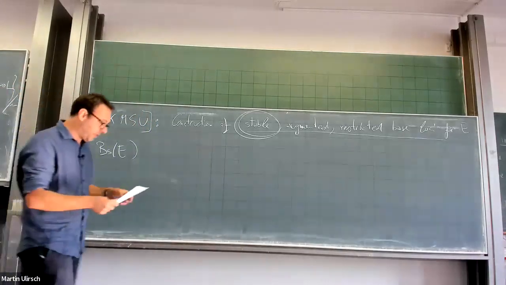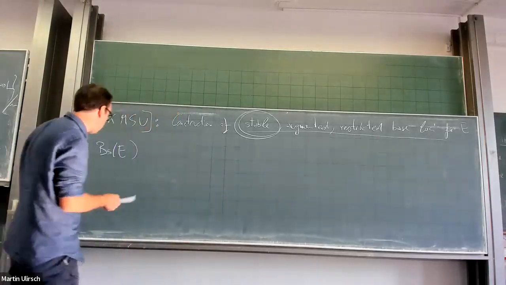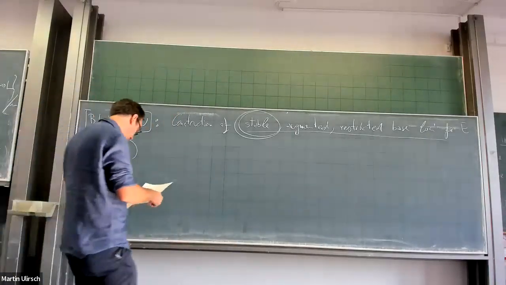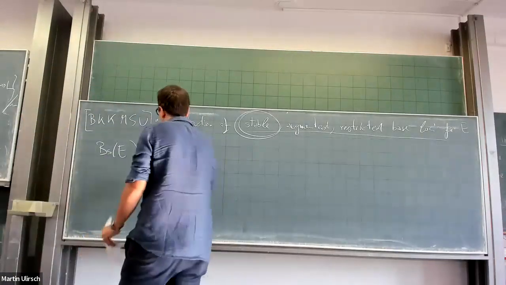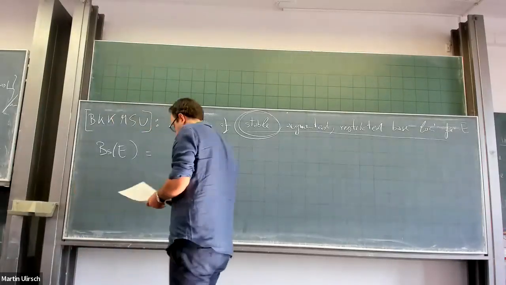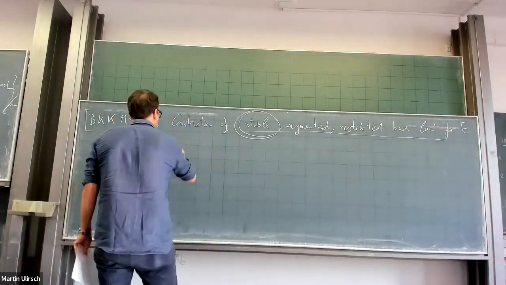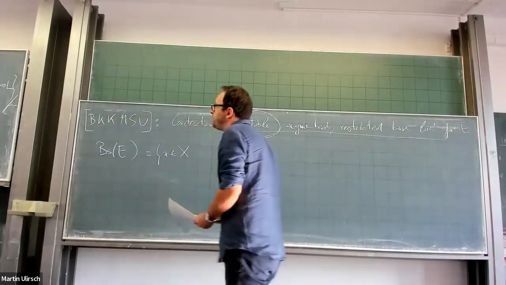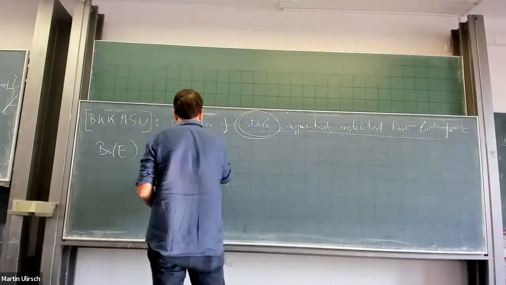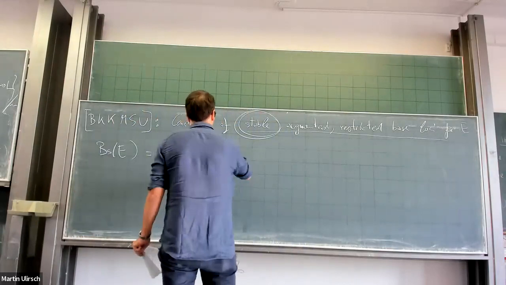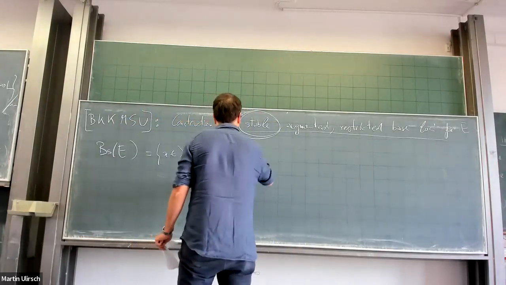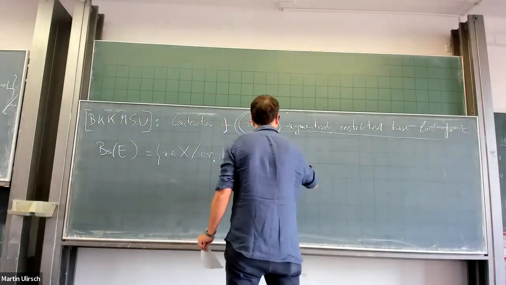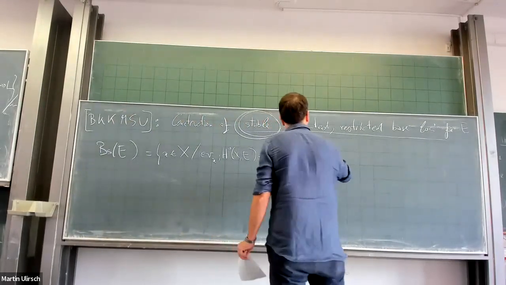And in fact, it has some properties which are not so intuitive, or at least they did surprise us. So let us start with the definition of the base locus for a vector bundle E. This is the set of points in X where the evaluation on global sections, so the map from H^0(X, E) to the fiber E_x, is not surjective.